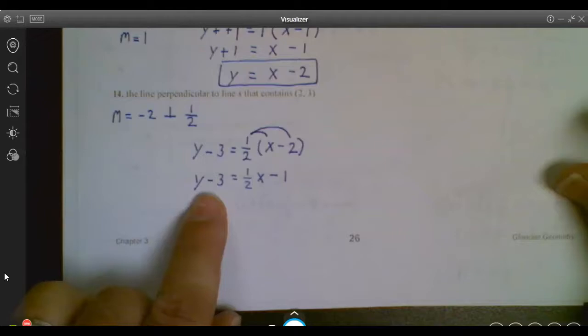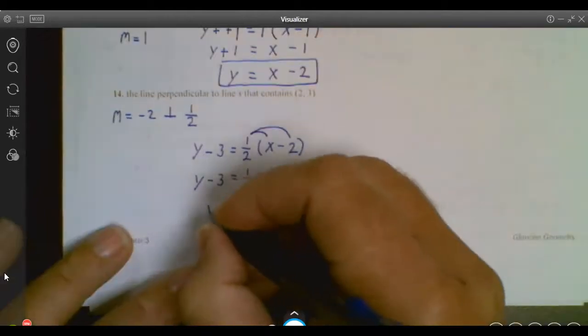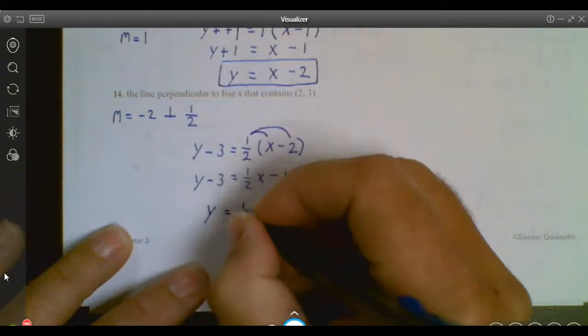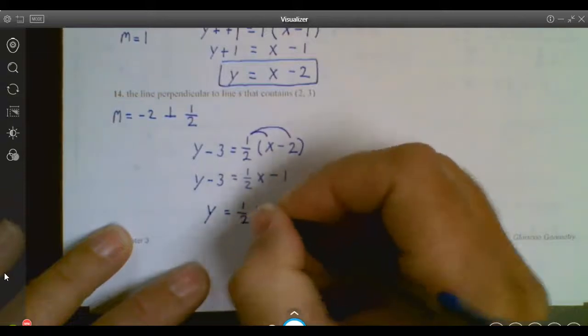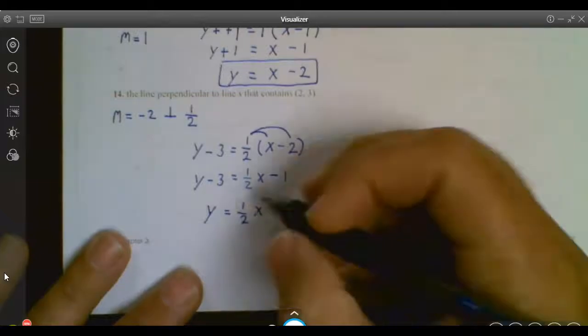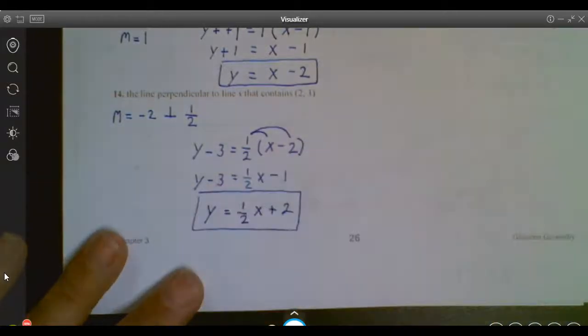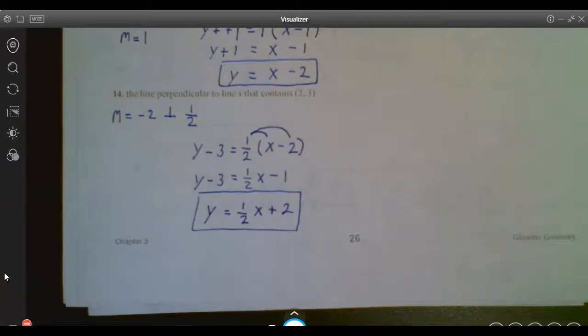When I go to add 3 to both sides now, it'll add in nicely to him. And this is where we would finish. So always looking to end in slope-intercept form unless the directions tell you something else. But that is it for this section.